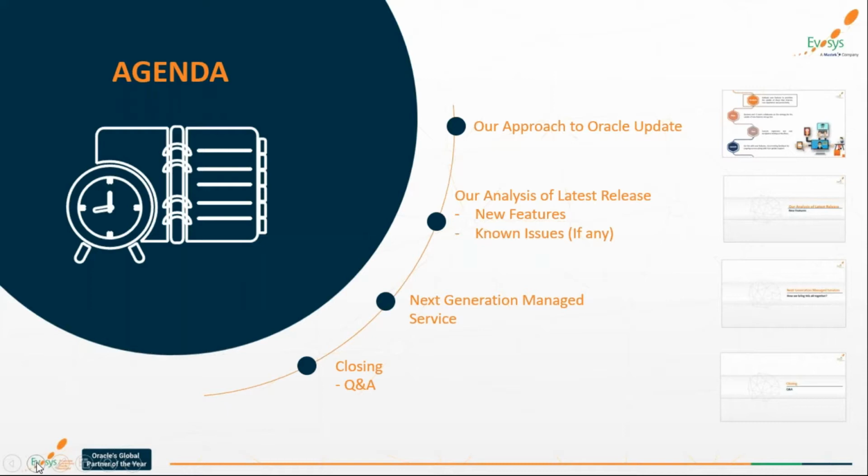And this will cover known issues that need to be considered. Priya will take us through this in around 35 minutes before I then continue and take you through our next generation managed services and how they can help you with these Oracle releases.